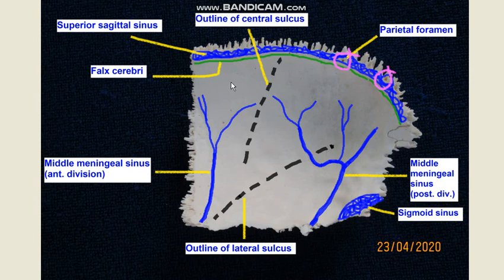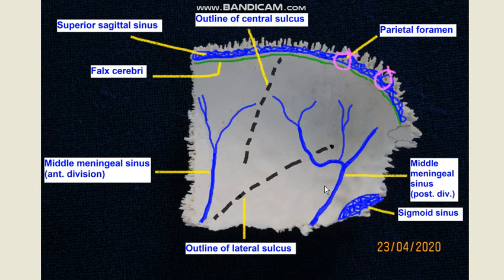That means somewhere here is the frontal lobe of the brain, this is the parietal lobe of the brain, and this is the temporal lobe of the brain. That again means that this region is related to the motor cortex, this is related to the sensory cortex, this is related to the auditory cortex.